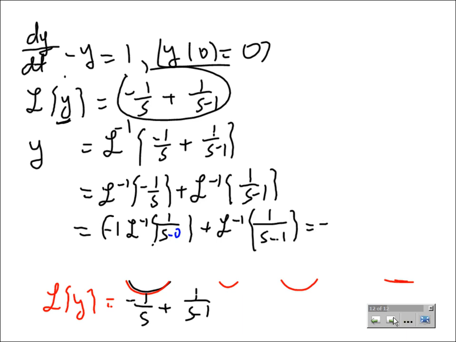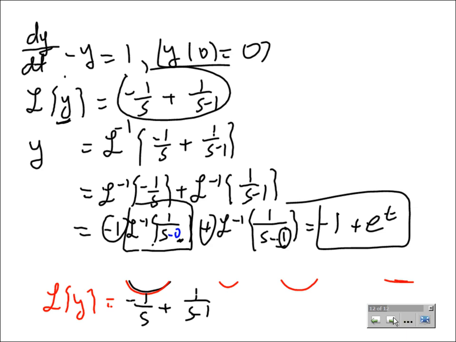So this is negative, and this is just e to the 0t. But 0t is 0, and e to the 0 is 1. Plus, this one is e to the 1t, or just e to the t. And there is your answer.